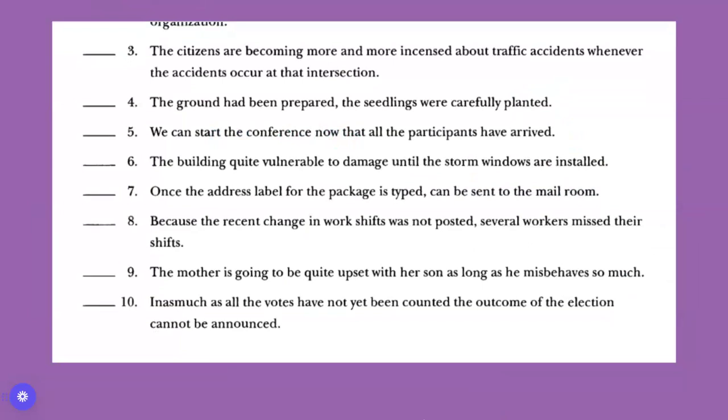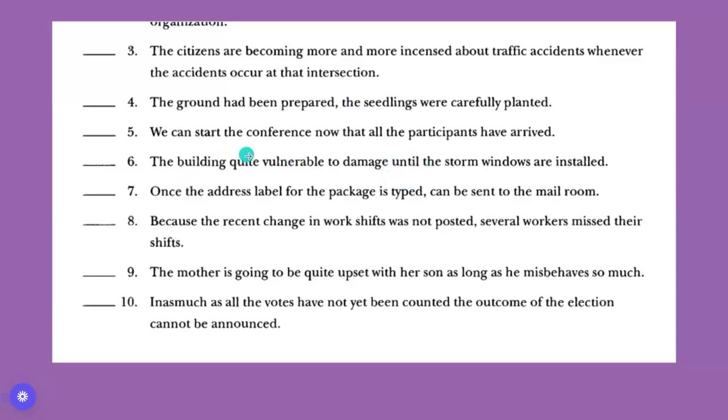Noemi Ochoa, number 6, please. The building is quite vulnerable to damage until the storm windows are installed. Okay, now in this sentence, we have a connector. Do you see it? It's here, until. Now, do you think the sentence is correct? Is it complete?